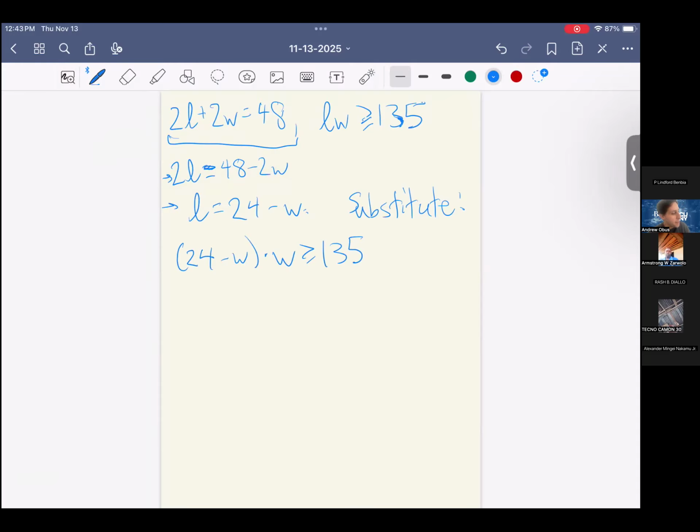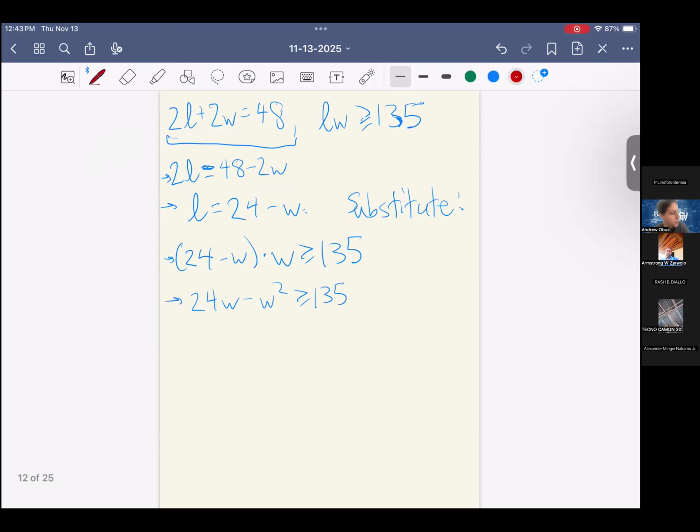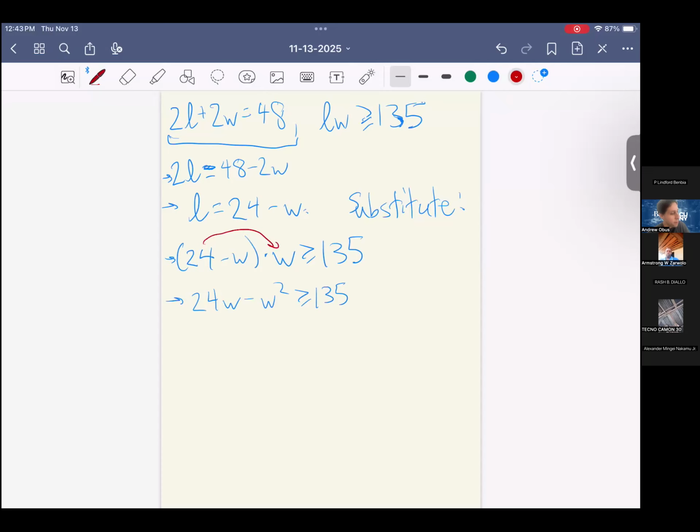So let's simplify this out. This tells us that 24W minus W squared is greater than or equal to 135, right? I'm multiplying everything by the W. Or maybe let me do it the other way. Let me say I'm doing this W times this W and also times the 24.